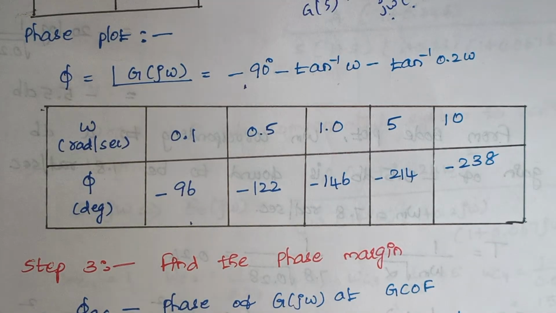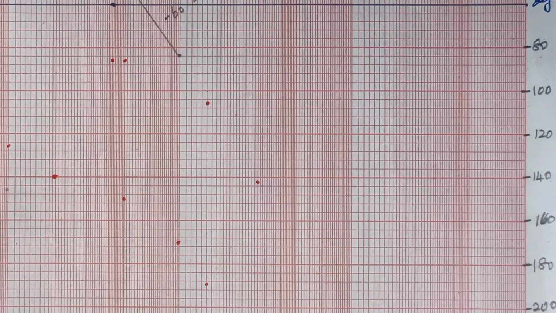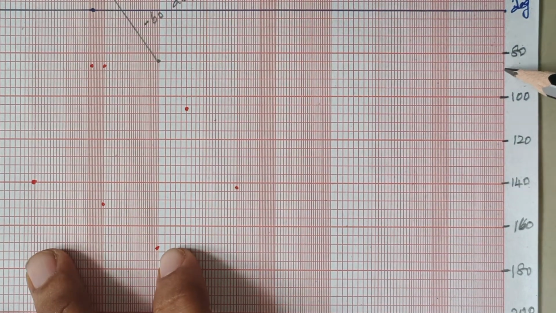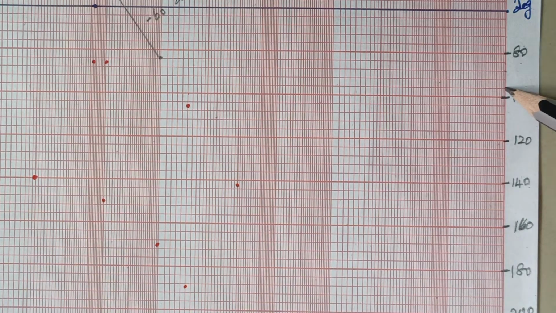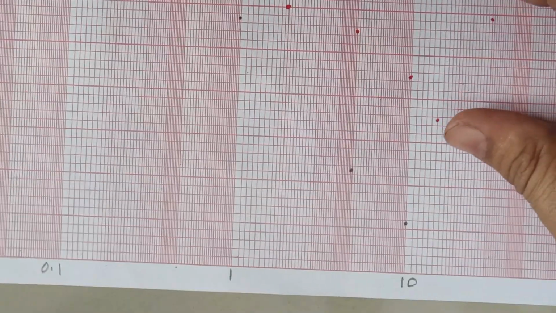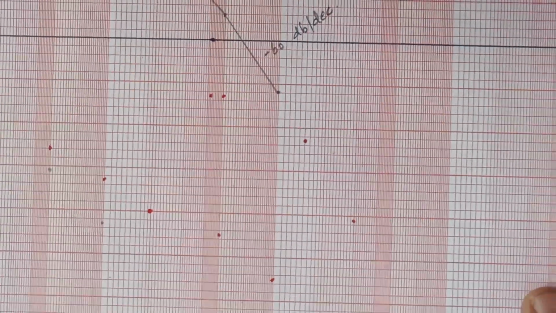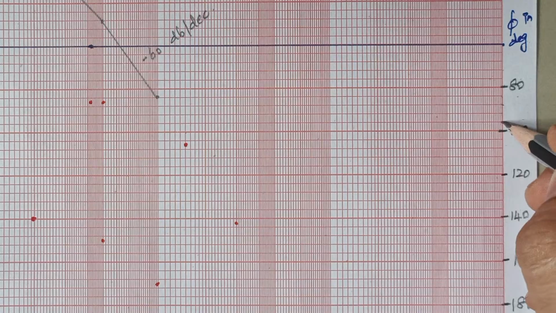The next thing is we are going to draw the phase plot. So here again the first point is at 0.1, the angle is minus 96. So you see this is our minus 80 here. So this is 84, 88, 92 and this is our 96. So here lies our minus 96 and the value of frequency is 0.1. That is just above this 100 line.